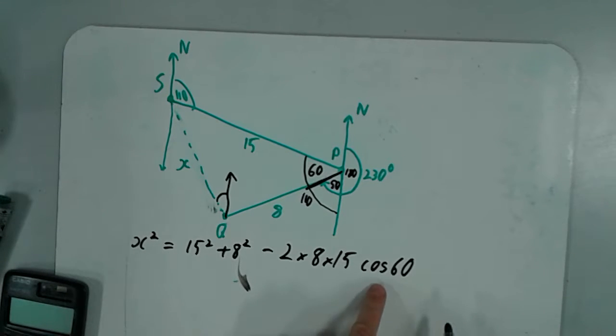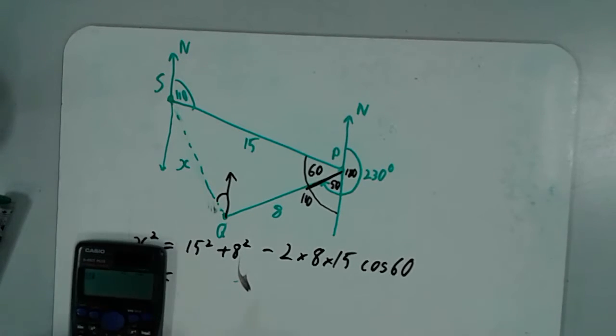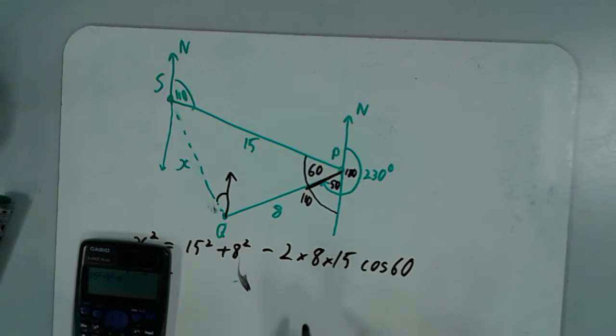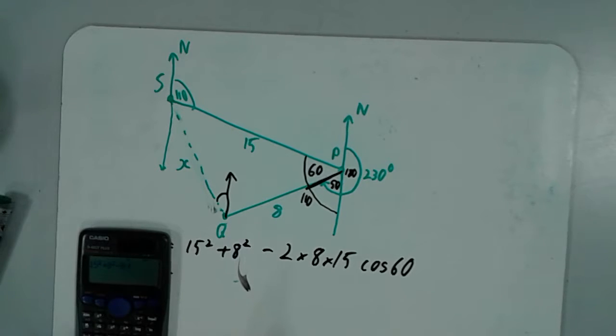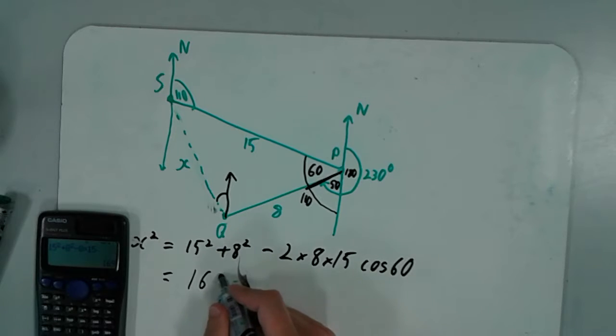I happen to know that cos 60 is a nice angle. It's actually a half. Cos of 60 is a half. So we're going to have 15 squared plus 8 squared minus, I could put in the 2 and times by all this, but as I know cos 60 is a half, I'm just going to cancel that with the 2. And that gives me an answer of 169.